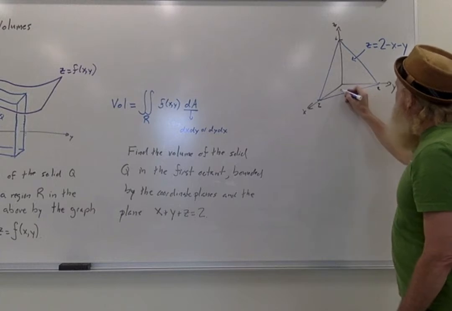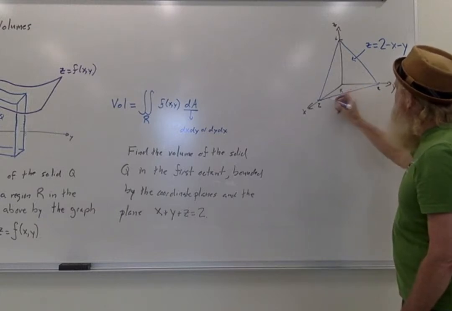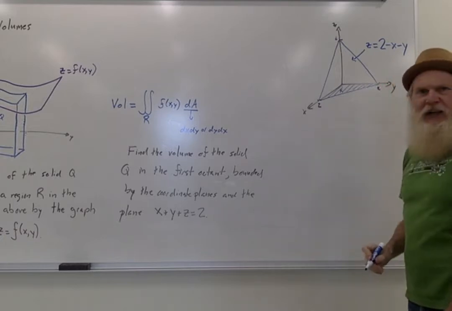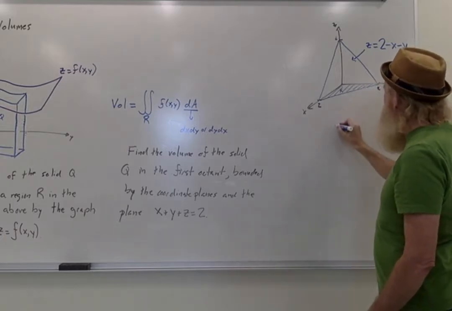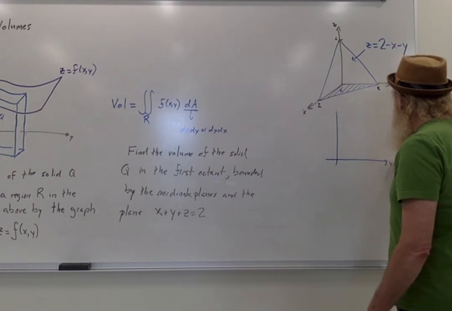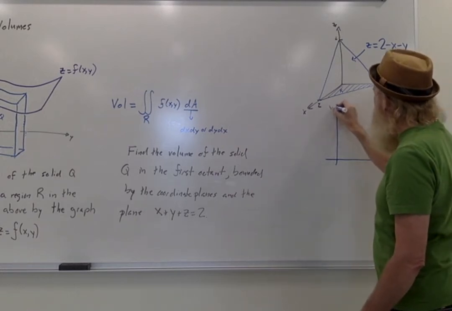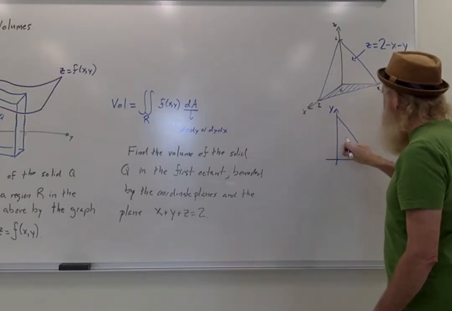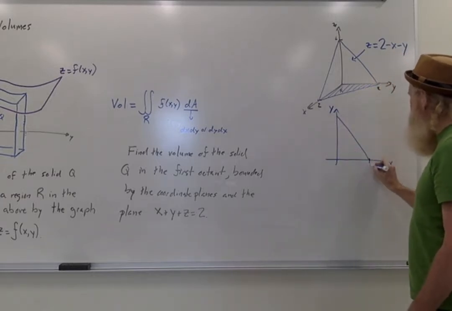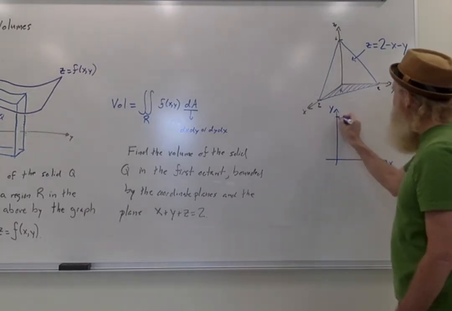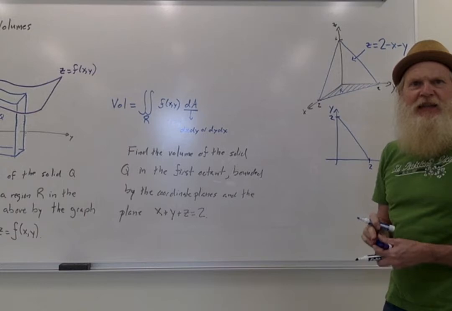And the region R is going to be its projection down here in the xy plane. So I might want to draw a picture of R all by itself, just in the xy plane. It's going to look like this. It's going to be a triangle. And this slanted line crosses at 2 on the x-axis and 2 on the y-axis.